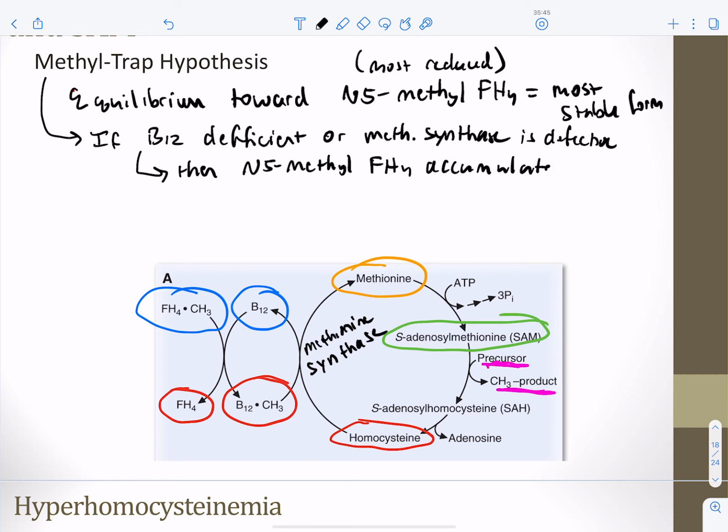It gets stuck, and that's considered the trap. And so most of your folate will get trapped. So folate derivatives will all go towards here, and then they get trapped.